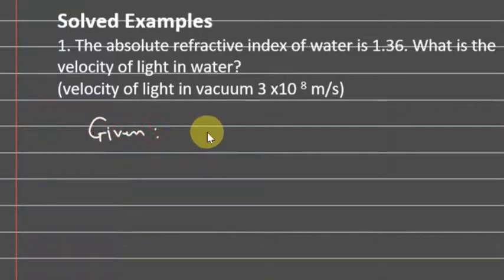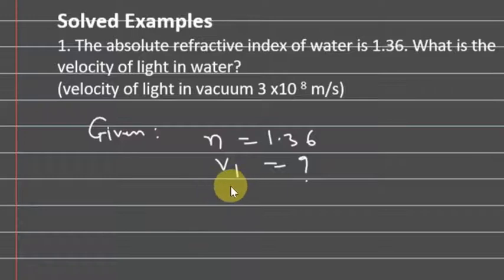The absolute refractive index of water, denoted by n, is 1.36. What is the velocity of light in water? We denote velocity of light in water as v1, and that we need to find.